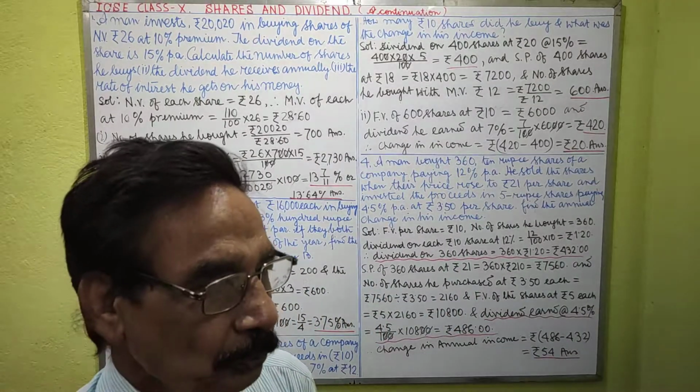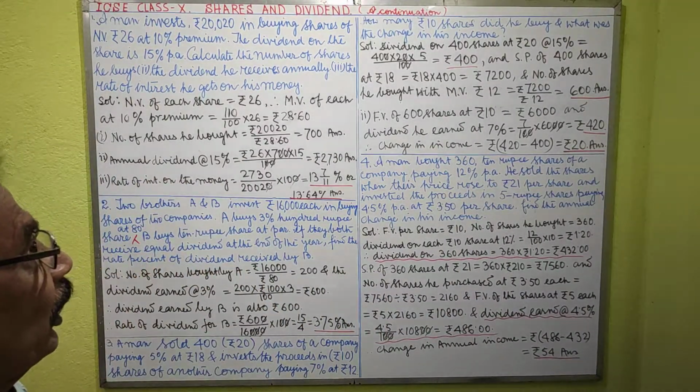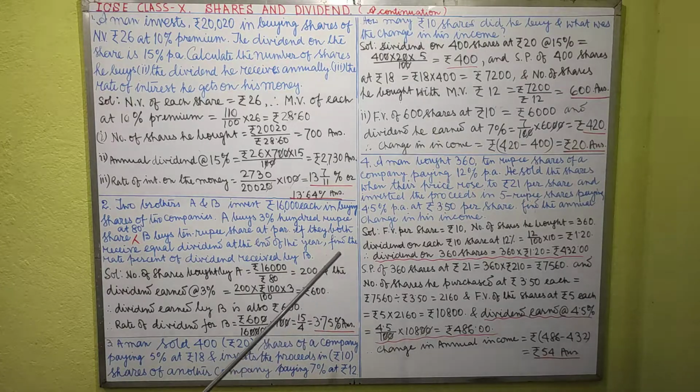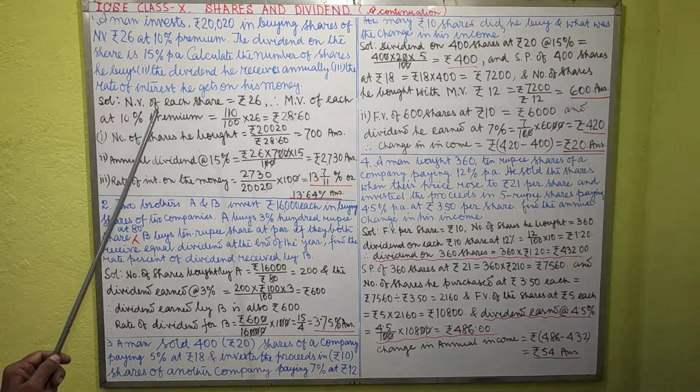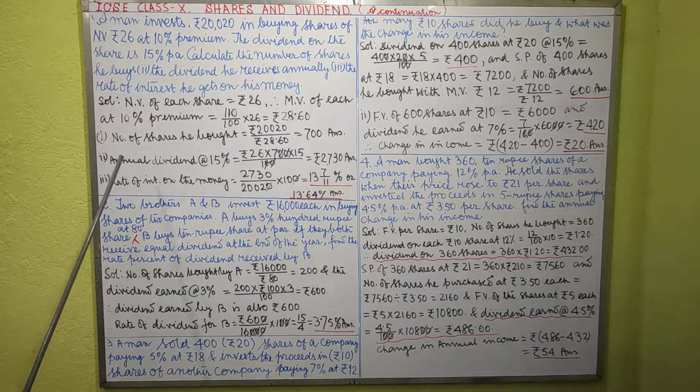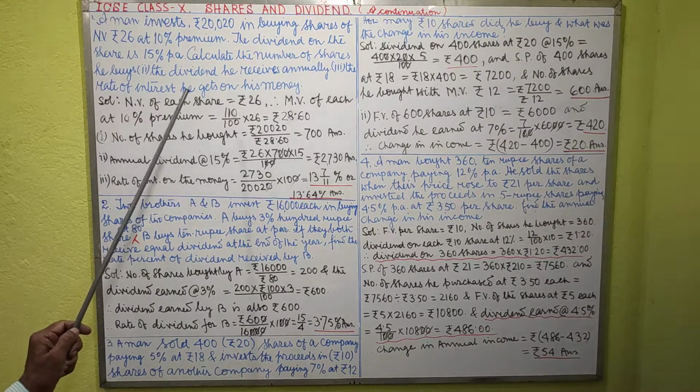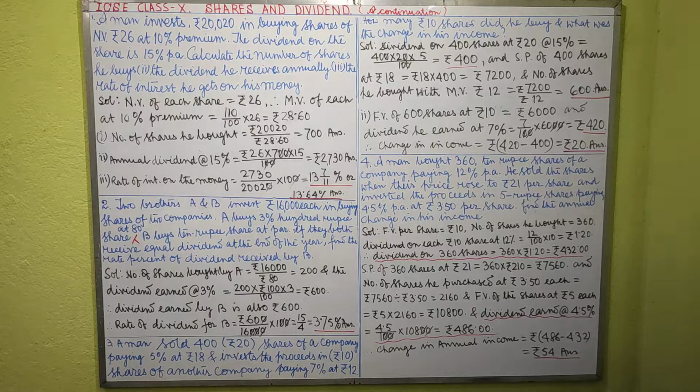So now we are going to discuss 4 short questions. Question number 1: a man invests rupees 20,020 in buying a share of nominal value 26 at 10% premium.